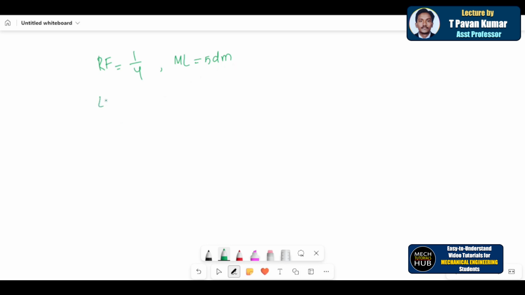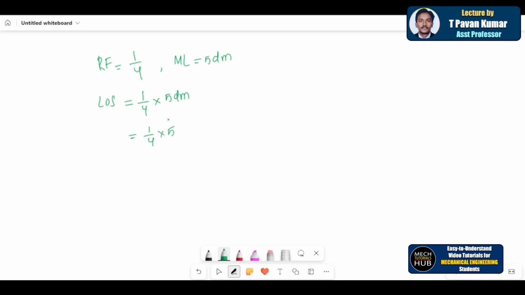Now to calculate the length of the scale, because ultimately we need to draw on a drawing sheet using centimeter and millimeter scale only, we have to convert everything into centimeters. LOS, length of scale, is equal to 1 by 4, which is RF, into ml, that is 5 decimeters, that is 1 by 4 into 5.